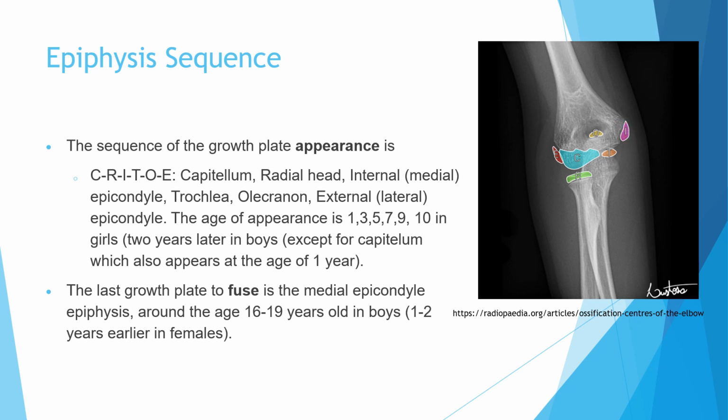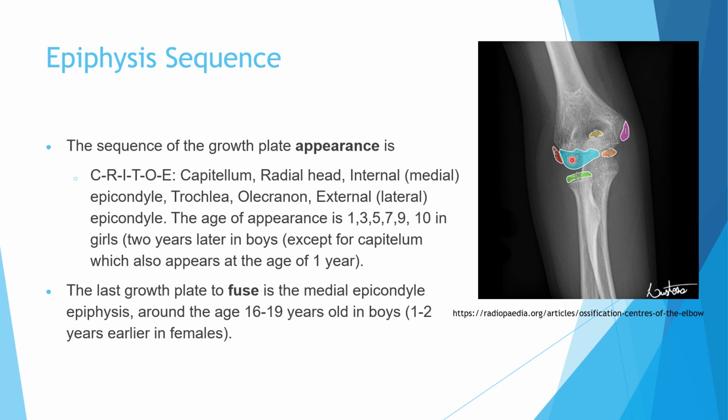The T is the trochlea, which is here. The O is the olecranon. And the E is the lateral epicondyle, or you can say the external epicondyle. So you can use the word CRITOE, and this will tell you the sequence of the appearance of the different epiphyses in the elbow. And they appear at 1, 3, 5, 7, 9, 10.